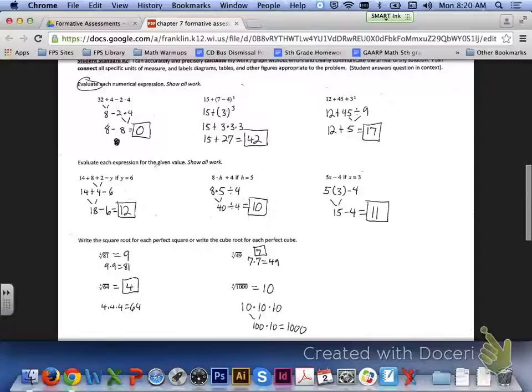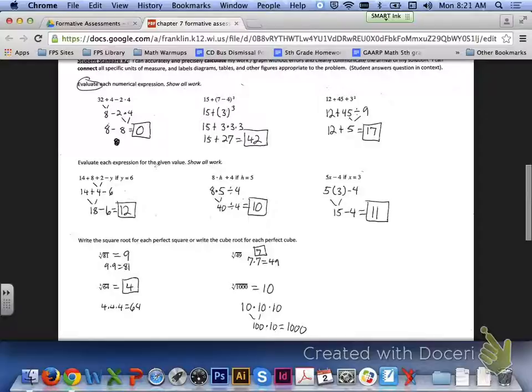The next expression, 15 plus, in parentheses, 7 minus 4 cubed. 15 plus 3 cubed, because you need to do parentheses first, would be the next line. So 3 cubed, because 7 minus 4 equals 3. You do the parentheses first, and then the grouping symbols.